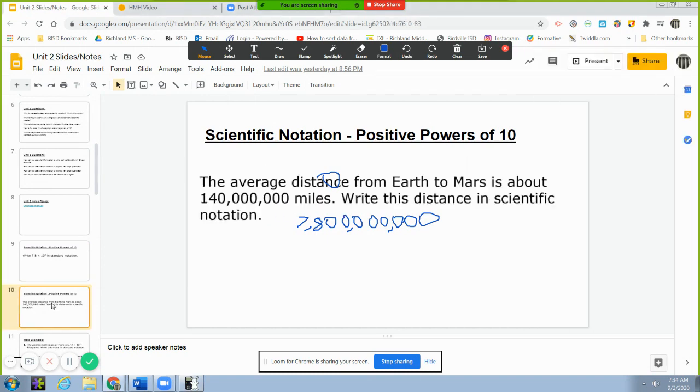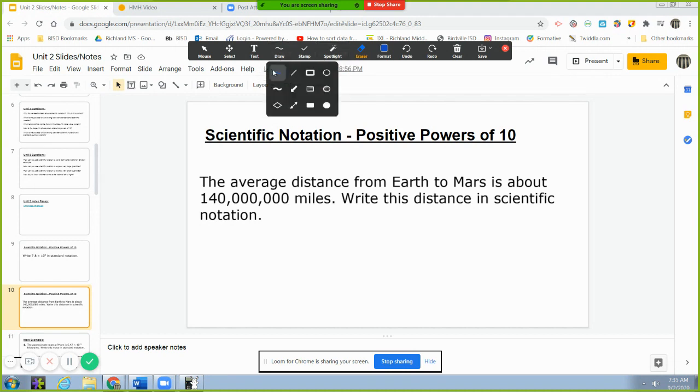So let's look at another one. Okay, now we want to put this number into scientific notation. Let's erase this so it's not messy. And let's start drawing. So we're going to go 1, 2, 3, 4, 5, 6, 7, 8.